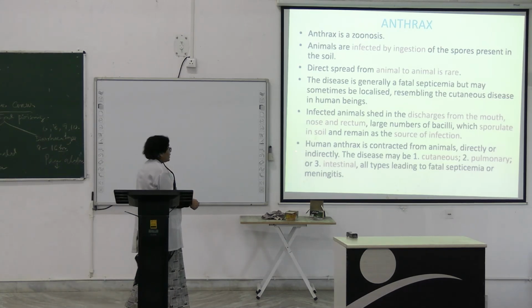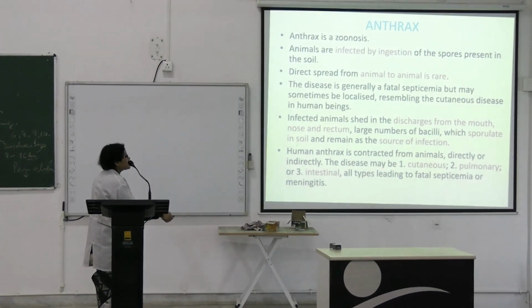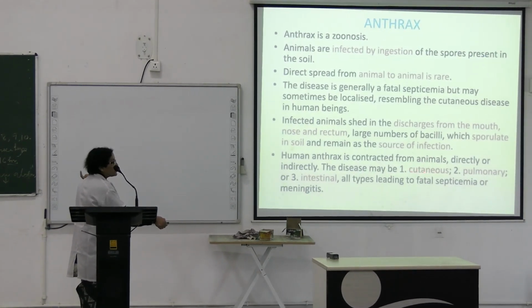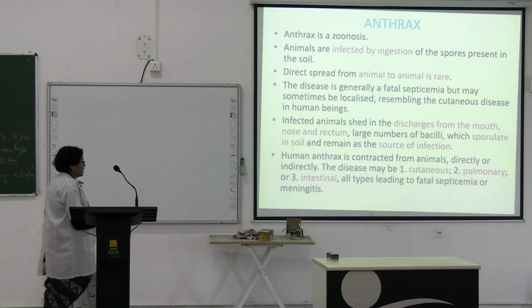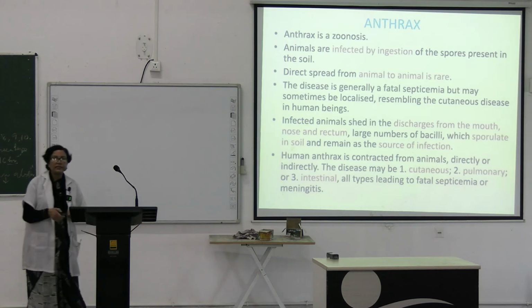In human anthrax, it is contracted from animals directly or indirectly. The disease may be cutaneous anthrax, that is eschar formation, that is Hyde-Porter's disease, pulmonary, or intestinal infection, and all types can lead to fatal septicemia or meningitis.